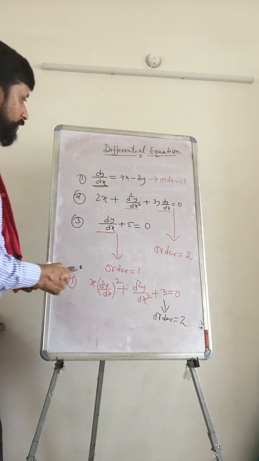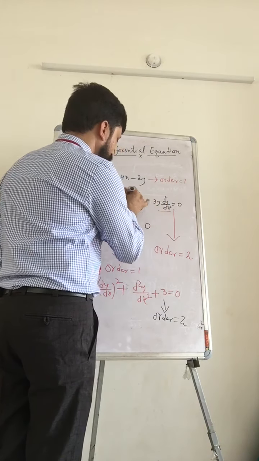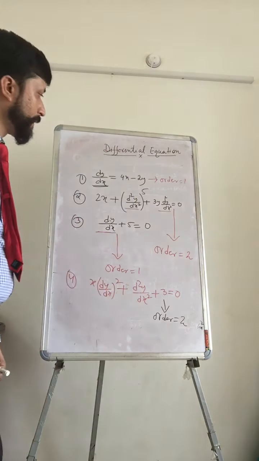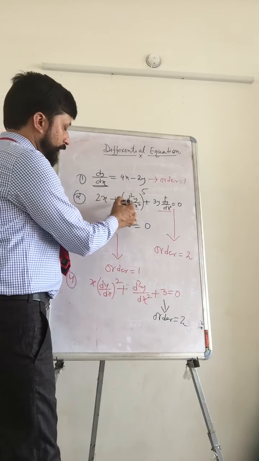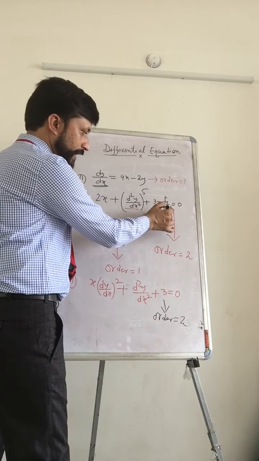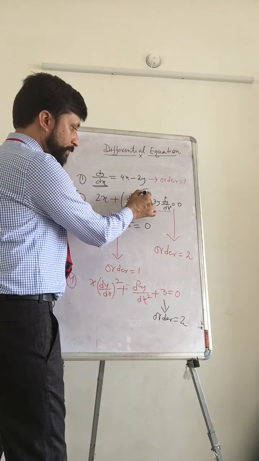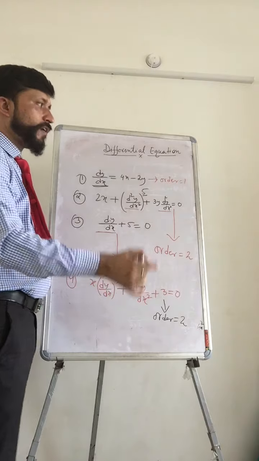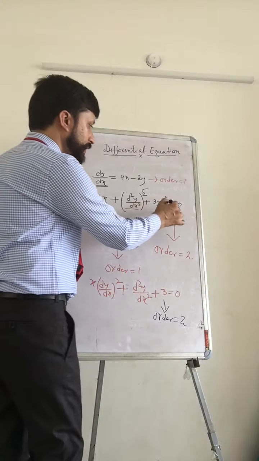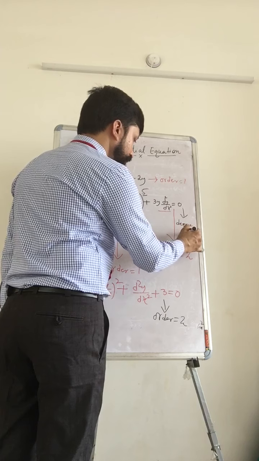Say here, if I write d square y by dx square, and I make its power 5, and the other's power is suppose only 1, then the degree of this is 5. Both are highest order derivatives, but the maximum power is 5. So the maximum power of the highest order derivative is called its degree. So the degree of this differential equation is 5.